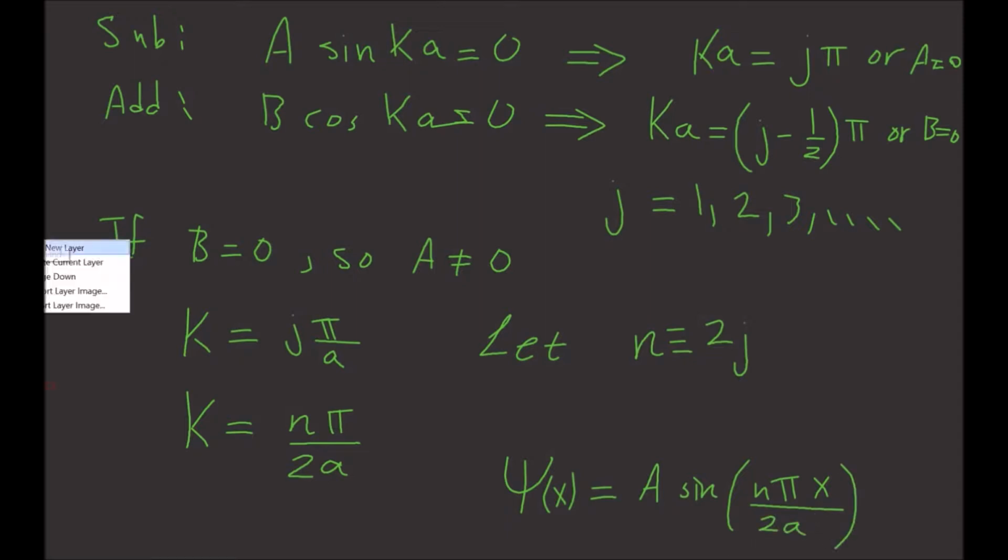Let's go ahead and normalize this, because we can. So 1 is equal to a squared times the integral from minus a to positive a of sine squared of n pi x divided by 2a dx.